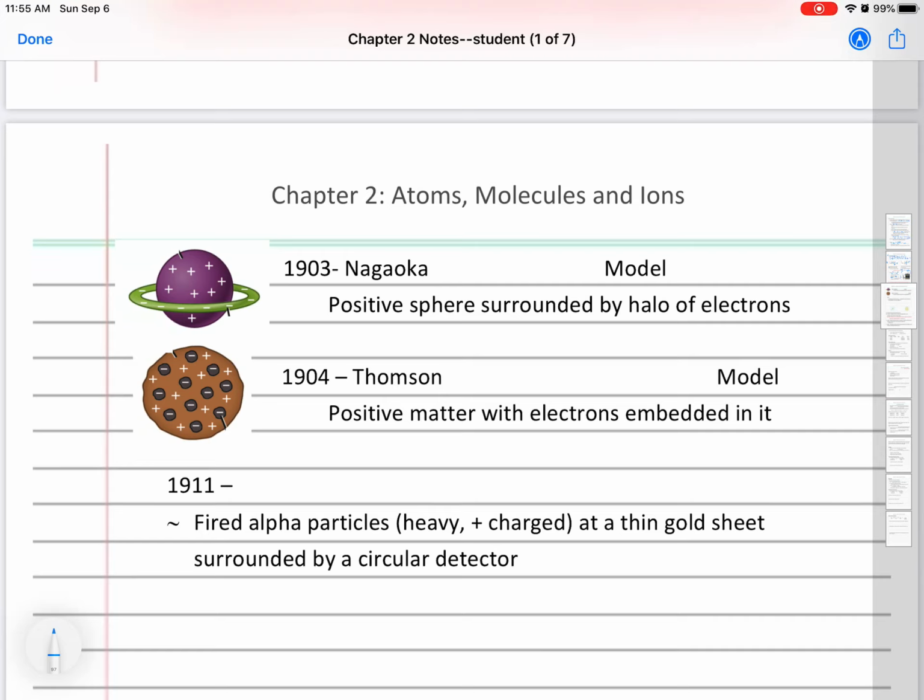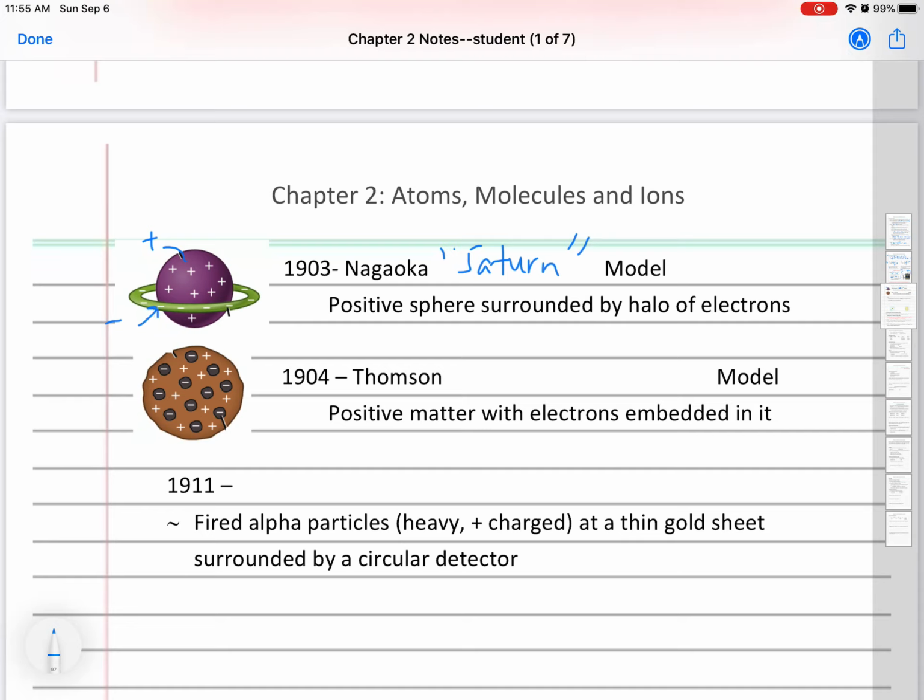The two reigning ideas of the time were of Nagaoka, who proposed a Saturn model, where he said that there was a sphere of positive charge, surrounded by a halo of negative charge.